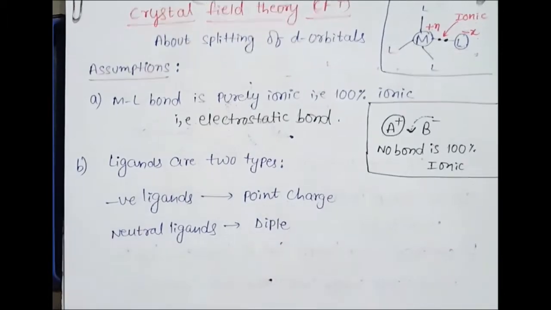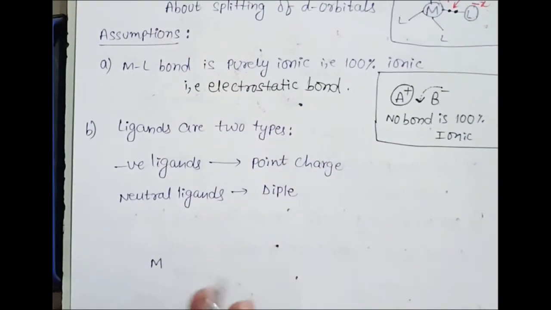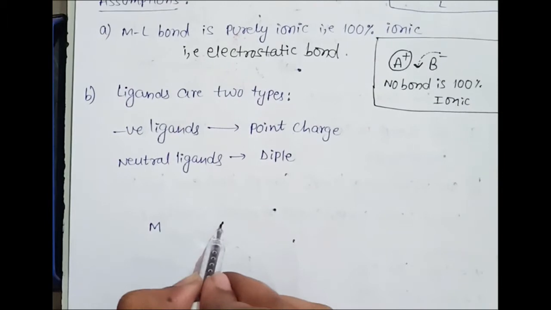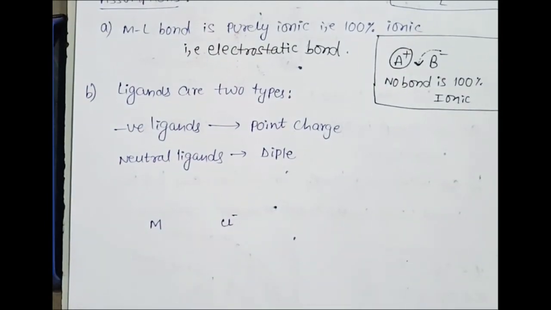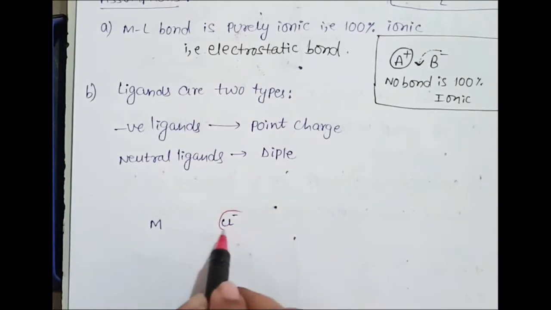So what is the meaning of this? Let us see. Suppose there is a metal and a ligand like, let us say, Cl minus. This theory says this ligand Cl minus acts as a point charge.